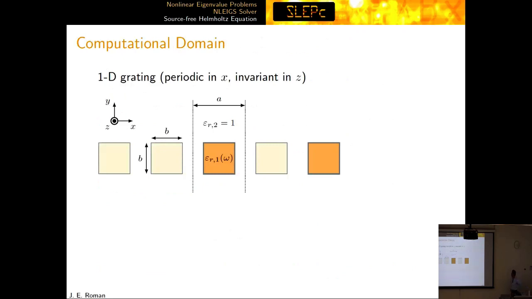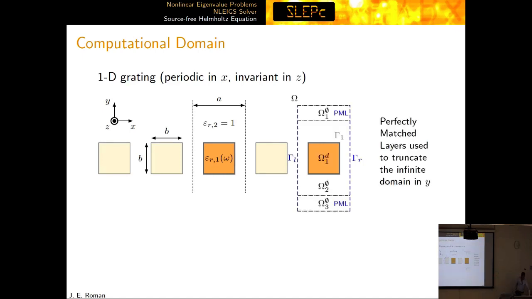This is the domain. In this case, we are testing a 1D grating. So the solution is periodic in X, it's invariant in Z, and also in the Y direction, we have an unbounded domain. So we use the perfectly matched layer technique in order to model the unbounded domain.